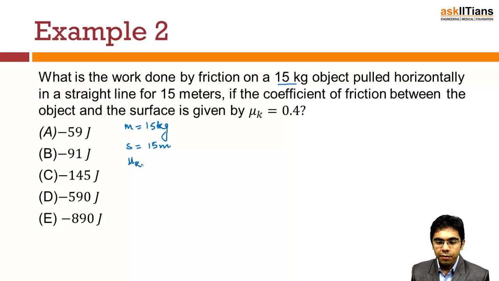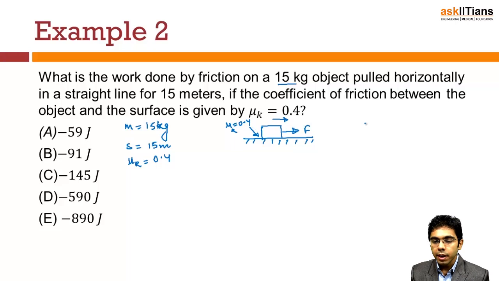Since kinetic friction is given, that means the block is moving. Force is acting in this direction and the block is moving in this direction, and friction mu k acts between the ground and the block. Mu k is equal to 0.4.